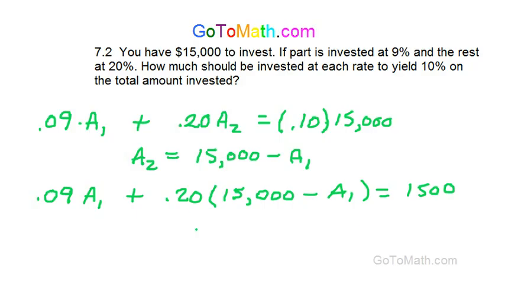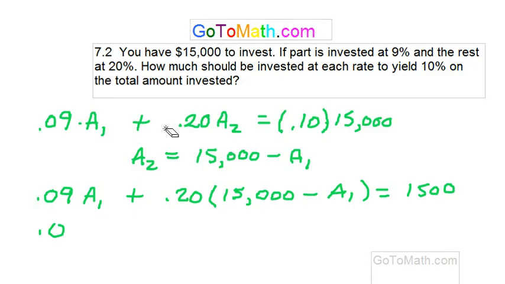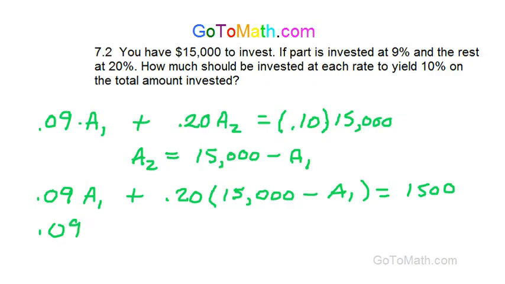Okay, so multiplying, we have 0.09 A1 plus, then we take 20% of 15,000. Doing that in my head, $3,000.